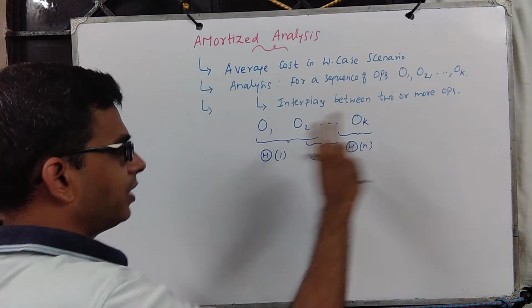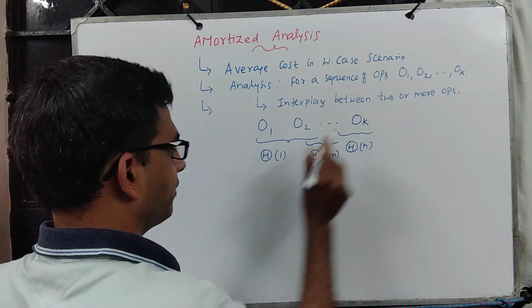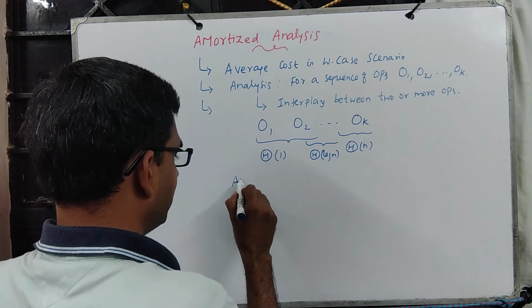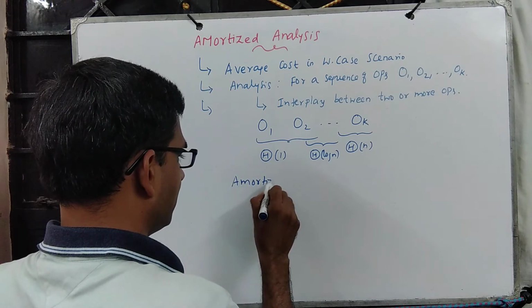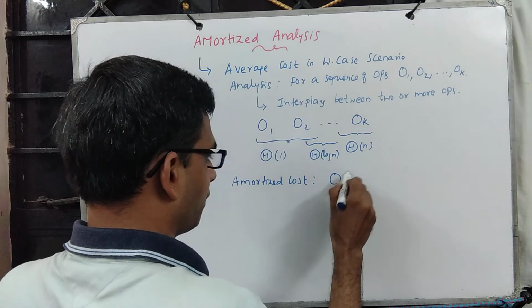But overall, we may say it depends on the number of operations taking constant and so on. We may say amortized cost is, say, order 1.